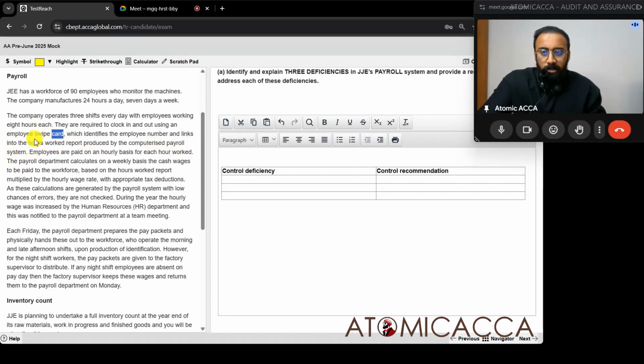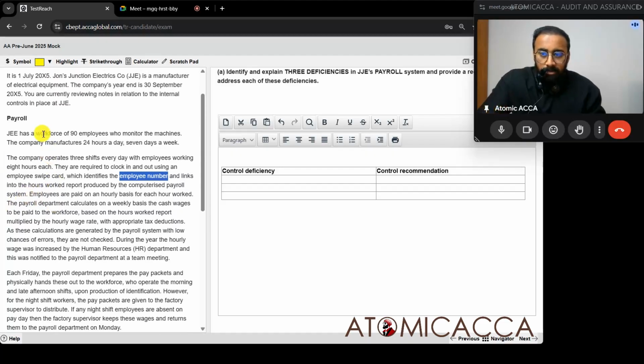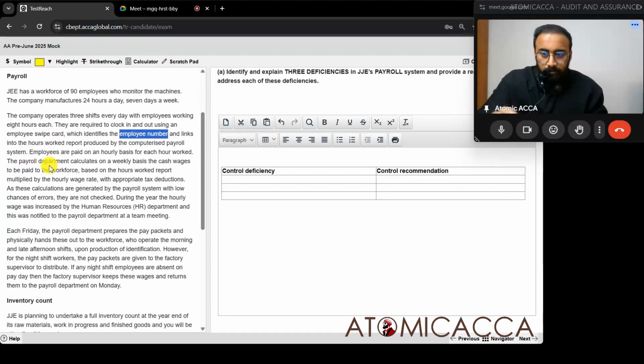So they have an automatic system for attendance, and this will record the employee number and link into the hours worked report produced by the computerized payroll system. Now this is all about payroll. Employees are paid on an hourly basis for each hour worked.